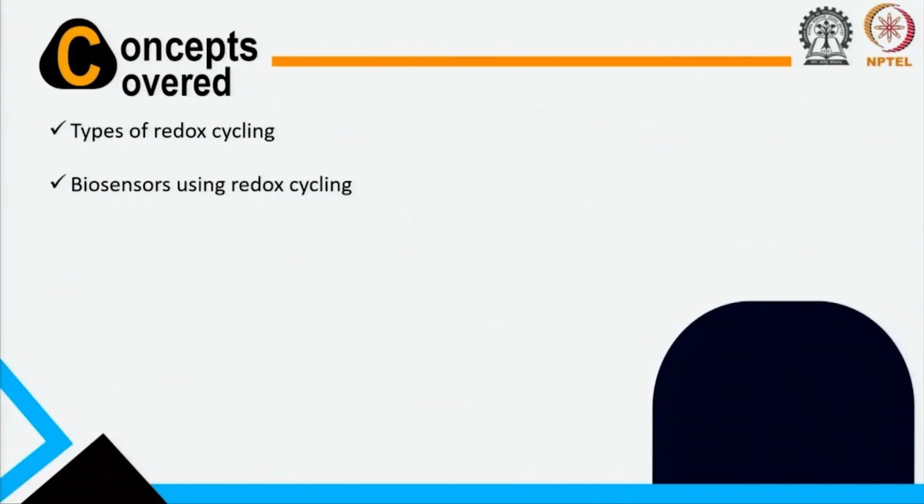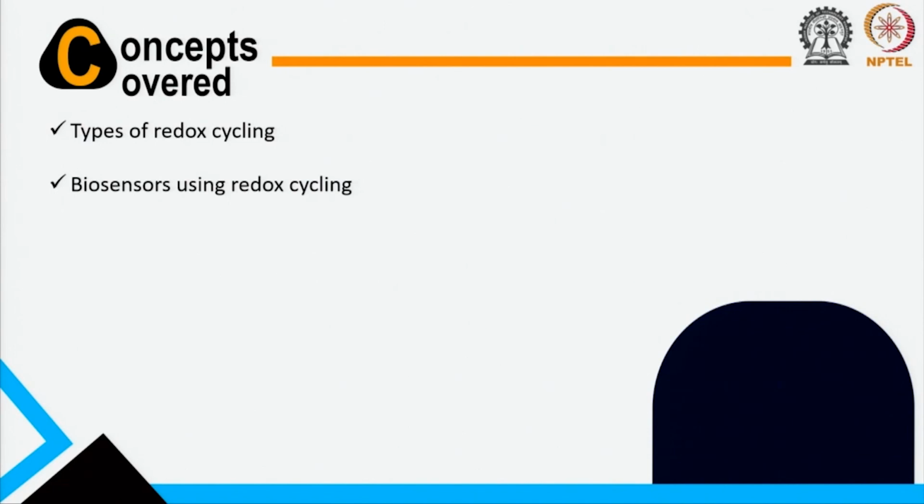Today the main concept that I will cover is the types of redox cycling. I showed that we are actually using chemical reactions in combination with electrochemical reactions. So there can be chemical reactions, then electrochemical reactions, and similar combinations, so we can put different nomenclatures.